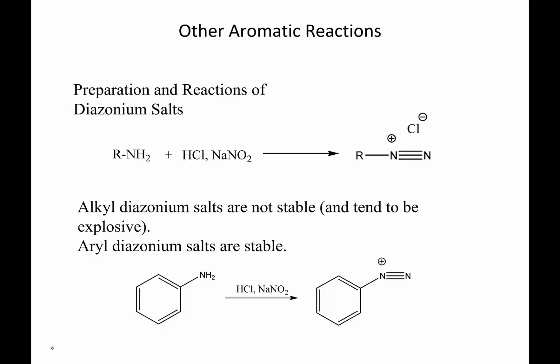So again, as we said last time at the end of class, I'm going to take an aniline, react it with HCl and sodium nitrite, and that's going to give me the diazonium salt, which is going to be stable because the triple bonded nitrogen is in conjugation with the ring. So I don't have to worry about it being explosive the way that it would be if it was just an alkyl group.